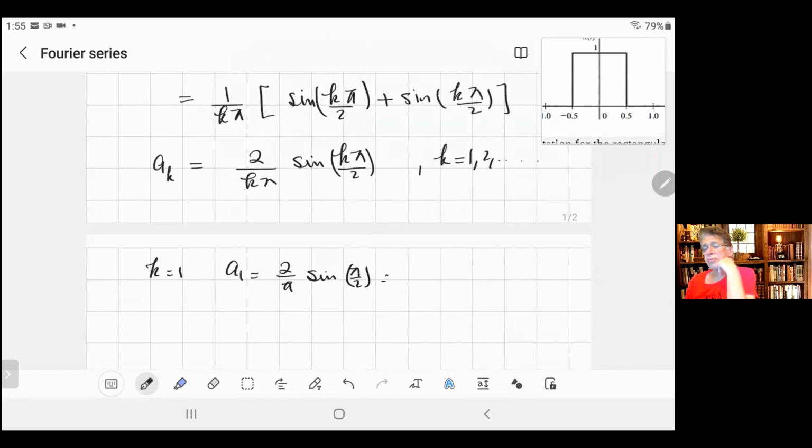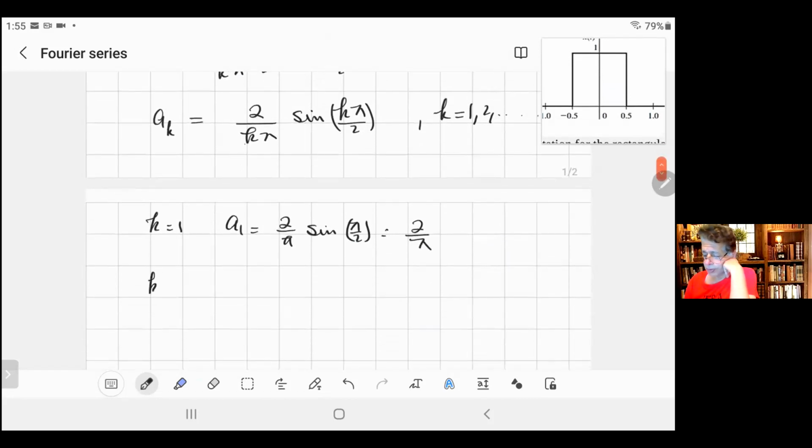Sine pi over 2 is equal to 1, so the answer will be 2 over pi. If you use k equal to 2, a2 will be equal to 2 over pi sine 2 pi over 2. You cancel, so sine pi is equal to 0, so it will be equal to 0.